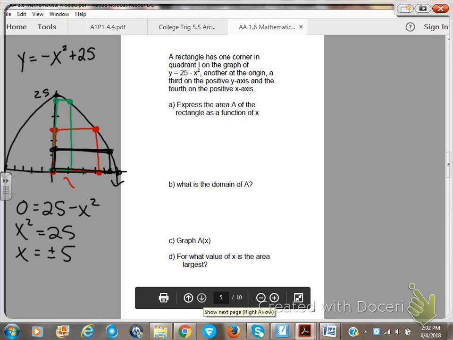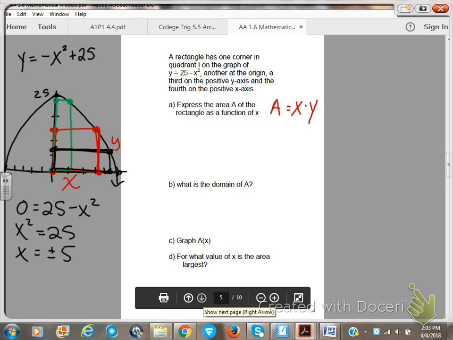And then my length, maybe instead of L, what might be a better variable to use? Y. Okay. So then the area for a rectangle can be written as x times y.